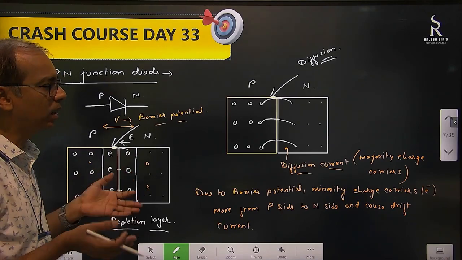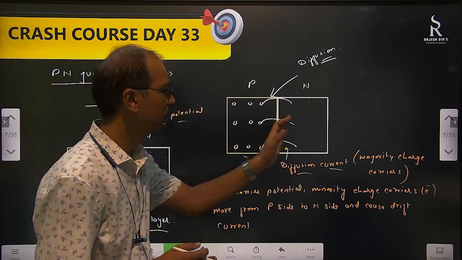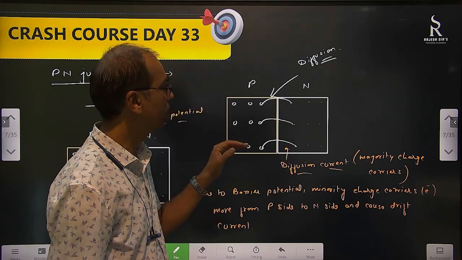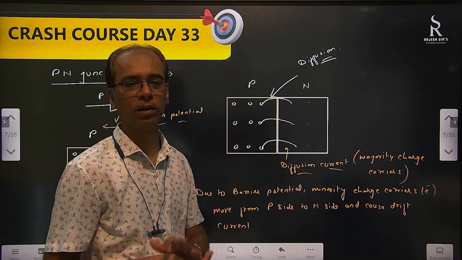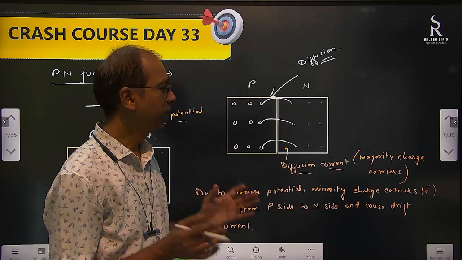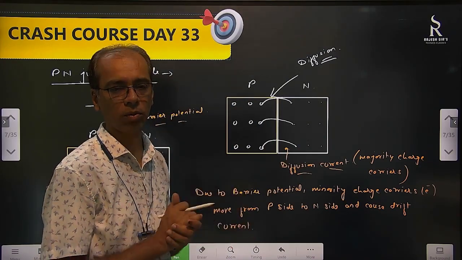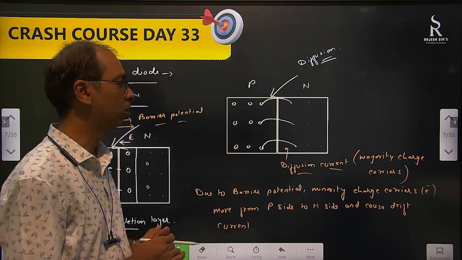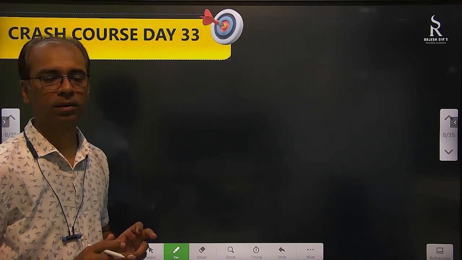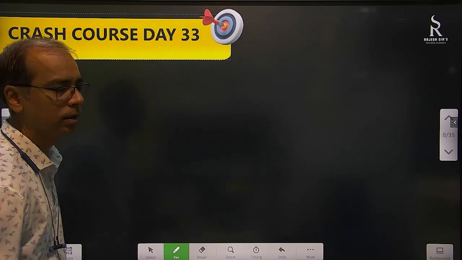And one stage will come when the diffusion current, in which electrons move from N to P, and the drift current, in which electrons move from P to N, become equal. So net current becomes zero. When diffusion current and drift current are equal, our diode is ready.